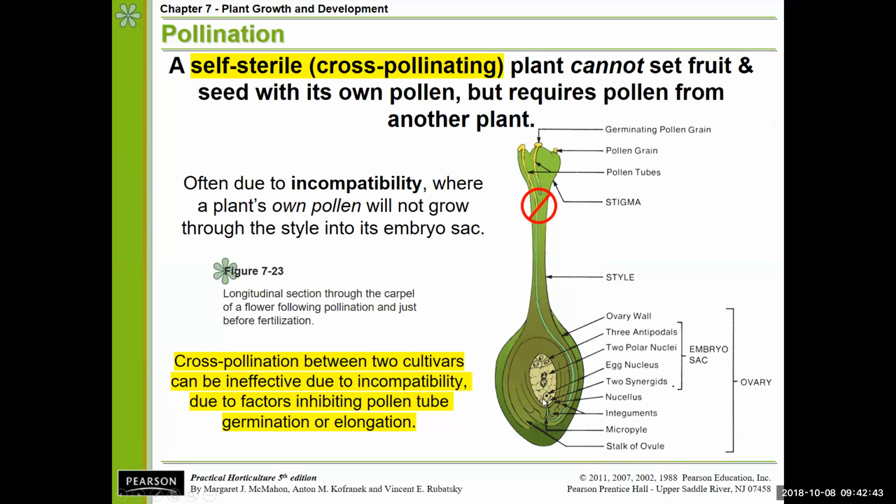It'll send it out from the ovules, through the ovary, and up through that style to meet with the pollen grain. So it's really fascinating. However, cross-pollination between two different cultivated varieties can be ineffective due to incompatibility. And same deal, it's just due to factors inhibiting that pollen tube from actually forming.